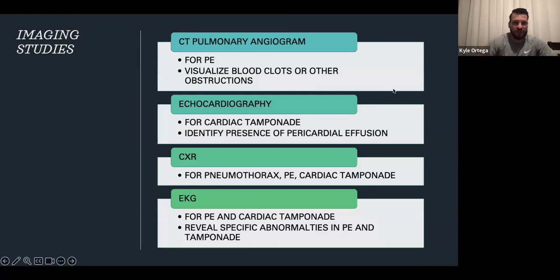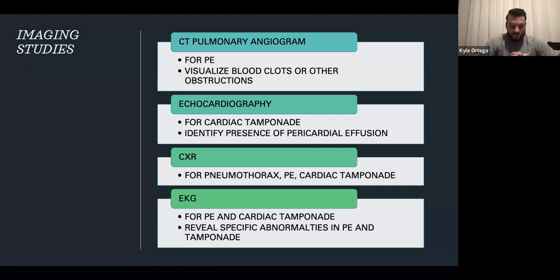All right, so the imaging studies used to diagnose the shock: CT pulmonary angiogram for pulmonary embolism, to visualize the blood clots or other obstructions; echocardiography for cardiac tamponade, to identify the presence of pericardial effusion; chest X-ray for pneumothoraxes, PE, or cardiac tamponade; and then EKG, which reveals specific abnormalities in PE and cardiac tamponade.